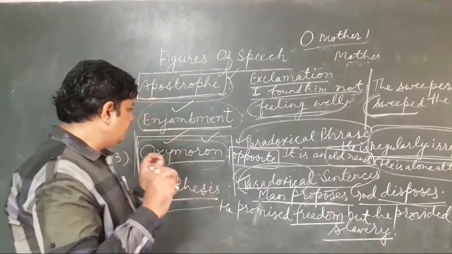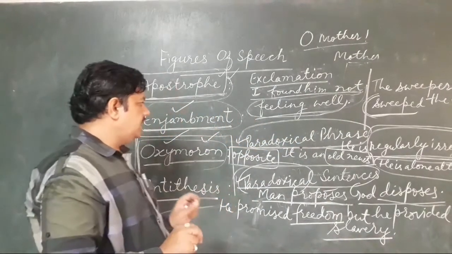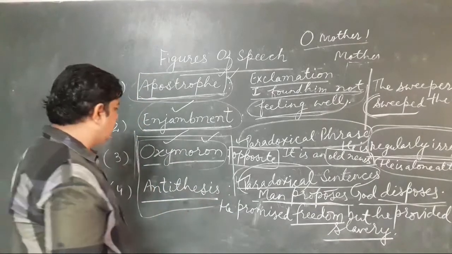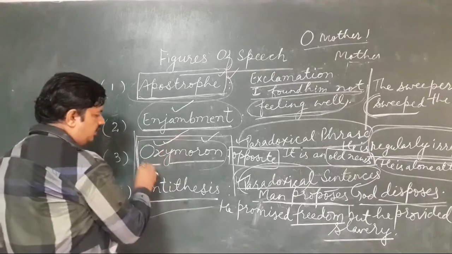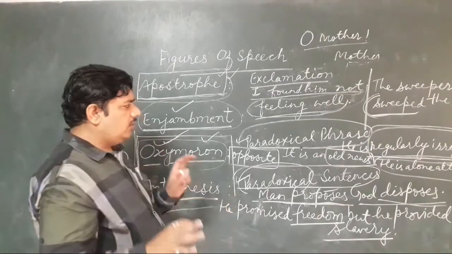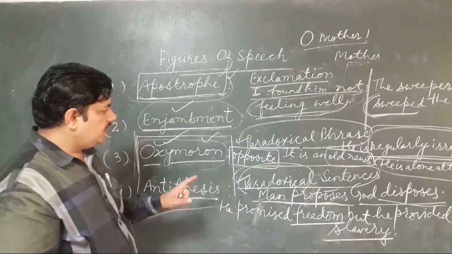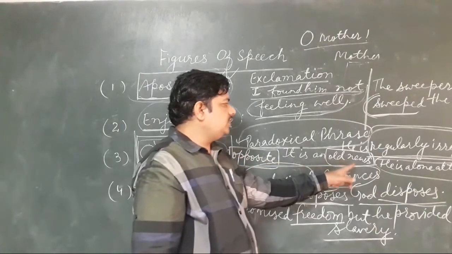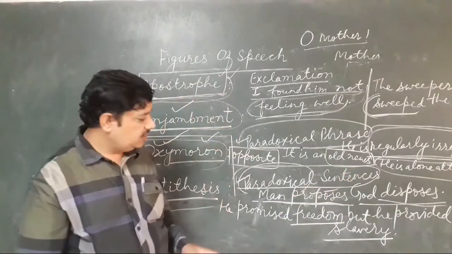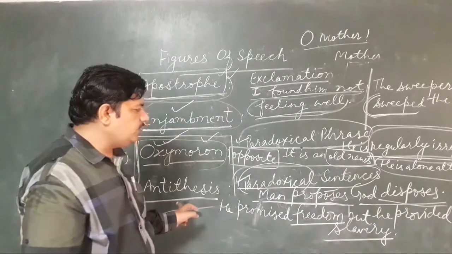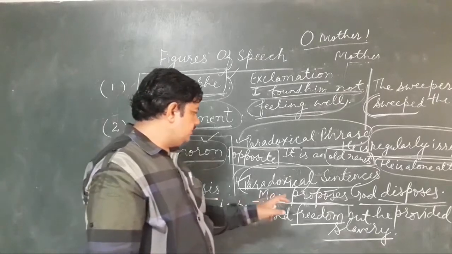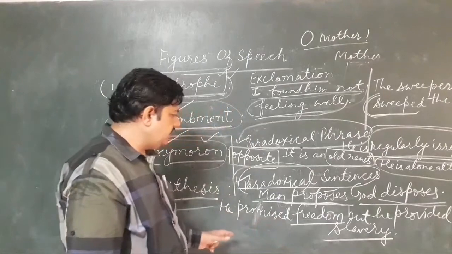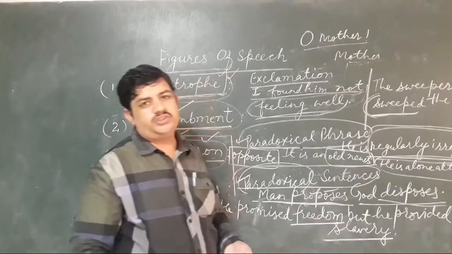One thing I have told you in a clear-cut manner: it is very easy to figure out oxymoron and antithesis. In oxymoron, opposite words will be used as phrases, and in antithesis the opposite words are used in two different clauses.